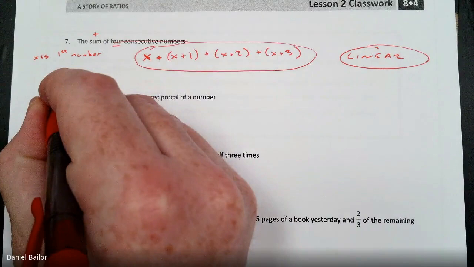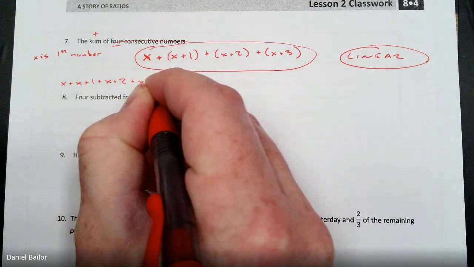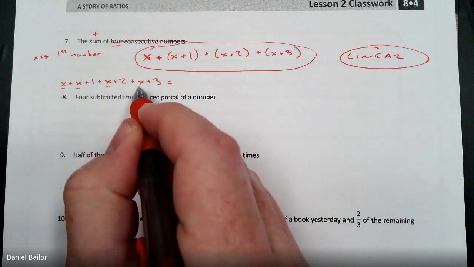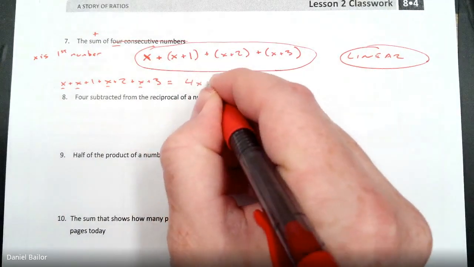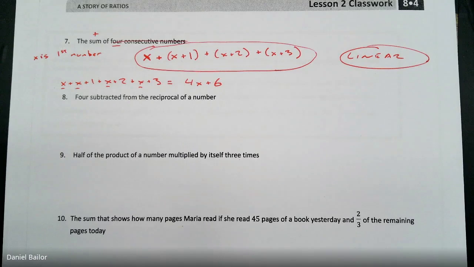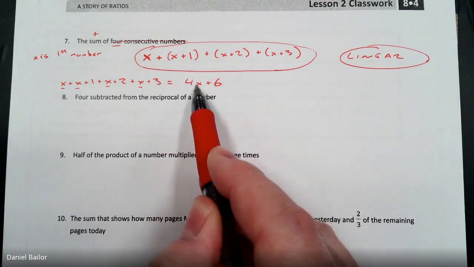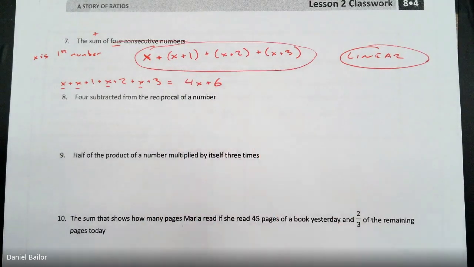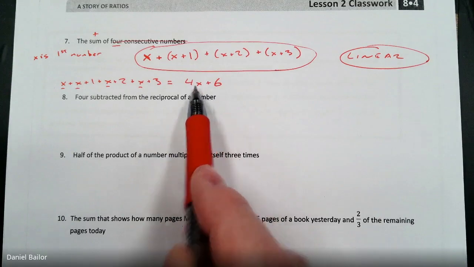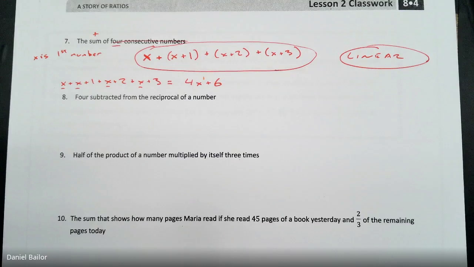If we do x plus 1 plus x plus 2 plus x plus 3, we have 4 x's. So this turns into 4x plus 6 when I combine my like terms. I put my like terms together. I have 4 x's, and 1 plus 2 plus 3 makes 6. Still, the x exponent did not change. This is still only x to the first power. So it is still linear.